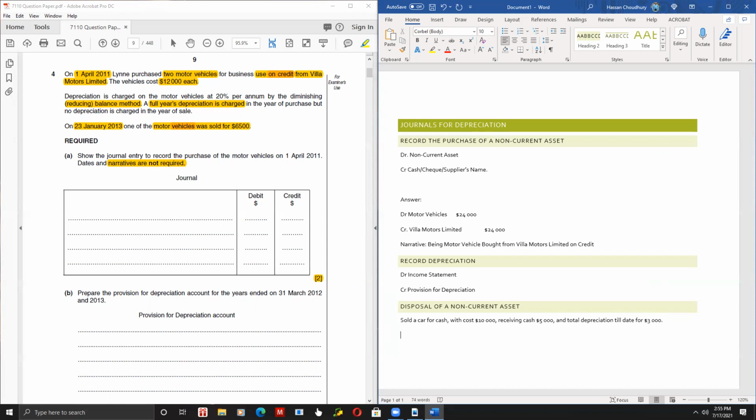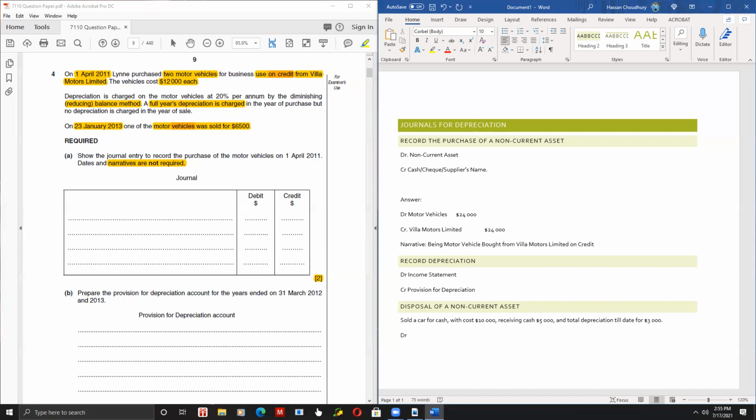Now, I'm just going to tell you guys, with every non-current asset account, there are three aspects here. There is the asset, there is the depreciation, and there is the cash, or the money, the bank amount.